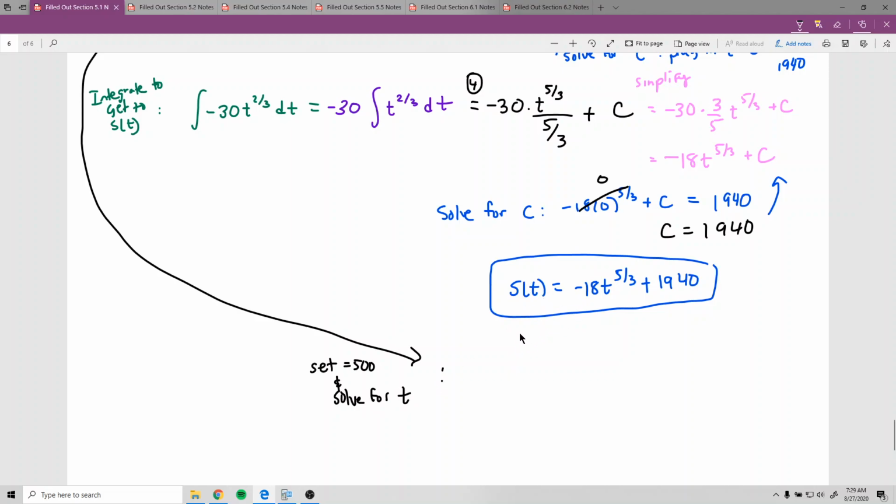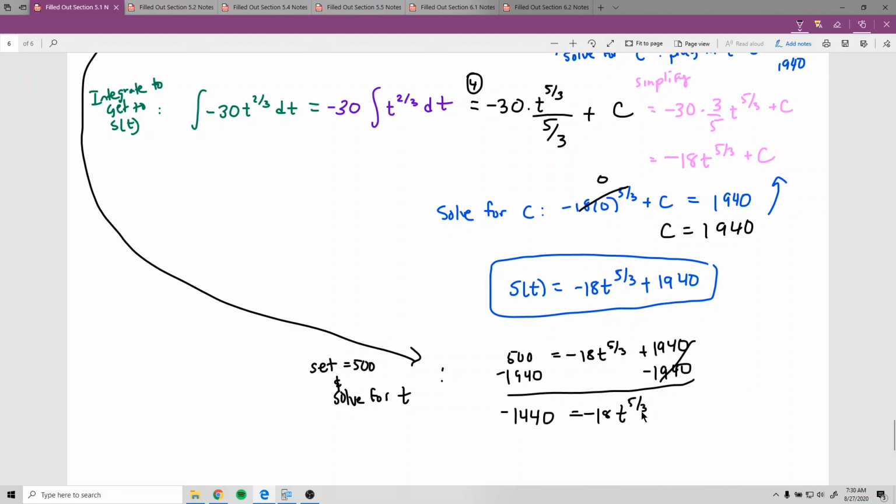All right, so let's go ahead and do that. We got 500 equals -18 t to the 5/3 plus 1,940. Subtract that 1,940. 500 minus 1,940 is -1,440 equals -18 t to the 5/3.